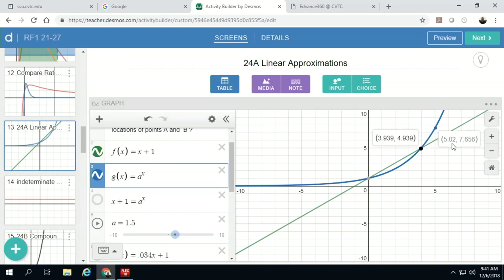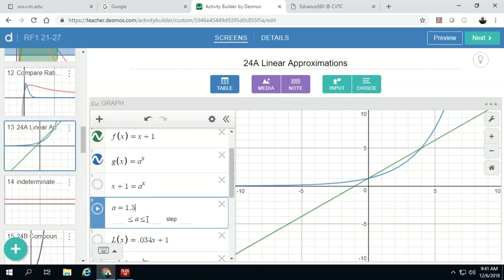And then if we go over 5, well, let's press it on our calculator and let's see what we get for an answer. If we go over 5, so 1.5 to the 5th, 7.59. Okay, everybody good with that? Suppose the value of A increases, what happens to the points A and B? So now let's go to 2.